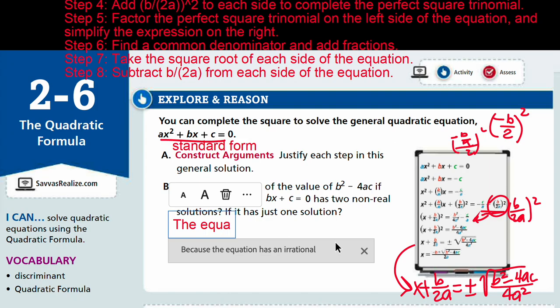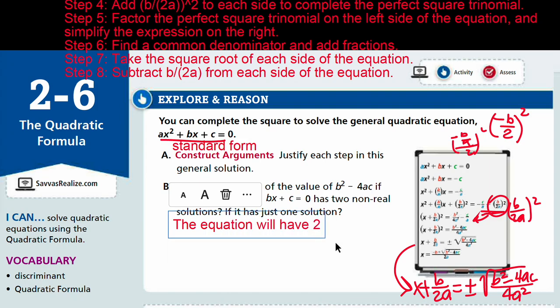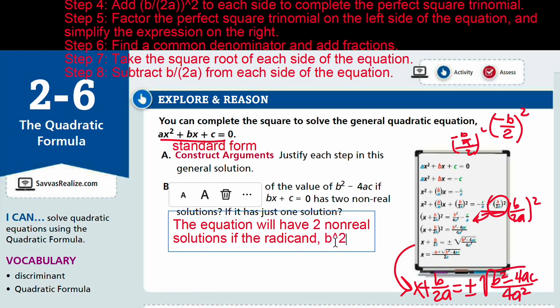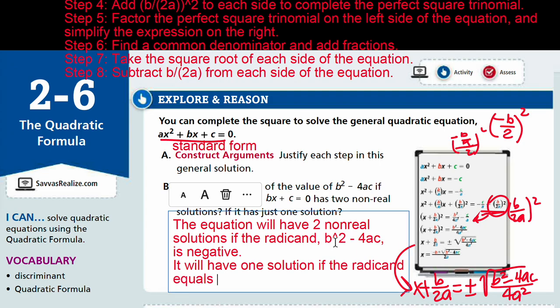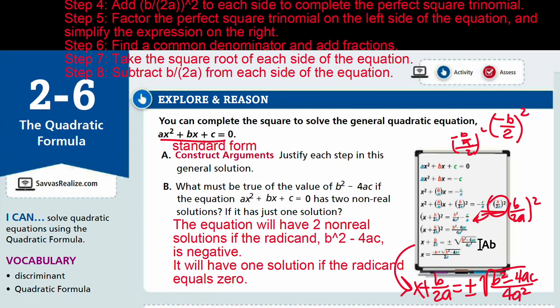The equation will have two non-real solutions if the radicand b squared minus 4ac is negative. And it will have one solution if the radicand equals 0. Radicand, which is b squared minus 4ac.